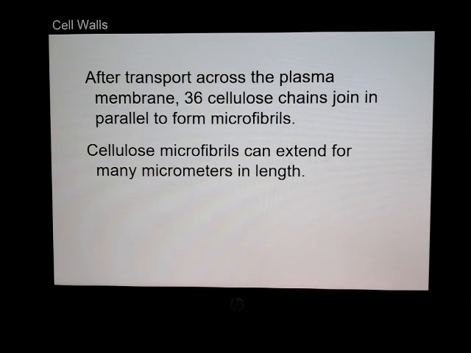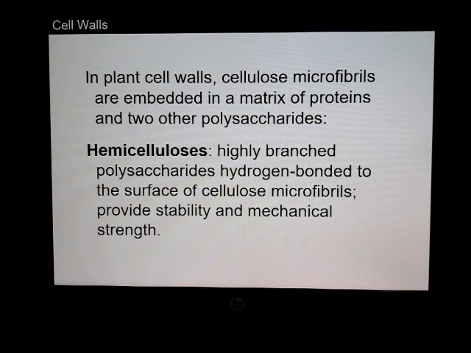Now, after transport takes place across the plasma membrane, 36 cellulose chains join in parallel to form what are known as microfibrils. The cellulose microfibrils can then extend for many micrometers in length. So plant cell walls are pretty interesting.